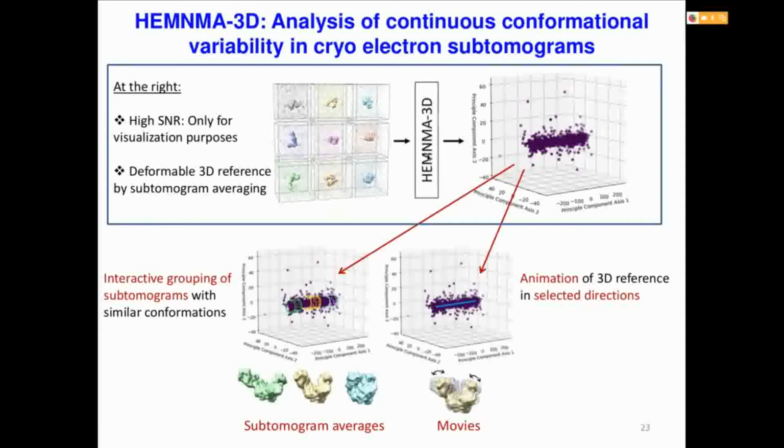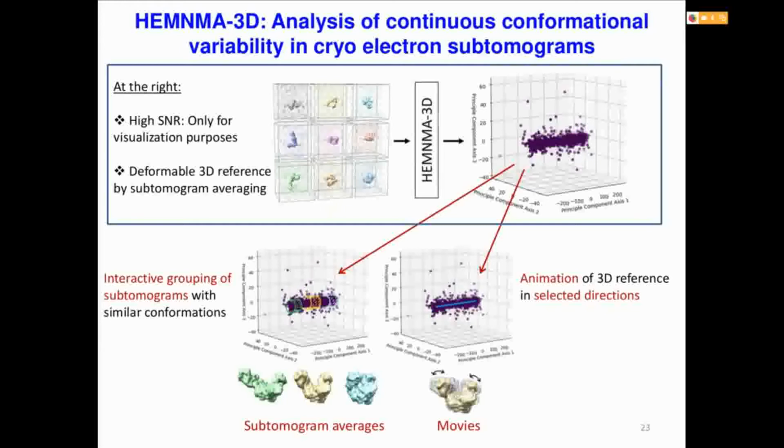Then this map is deformed using normal modes and correlated with each of the subtomograms in order to get the conformation in each of the subtomograms.